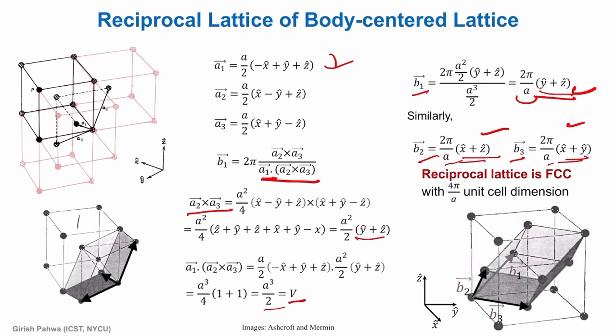Okay, so it's a reciprocal lattice. Its reciprocal lattice is going to be FCC. If you have a BCC lattice, in the reciprocal space, you will have FCC. Why? Because the primitive vectors of the reciprocal lattice look like these, which are the primitive vectors of an FCC. Check the notes, you will find that FCC has the same form.